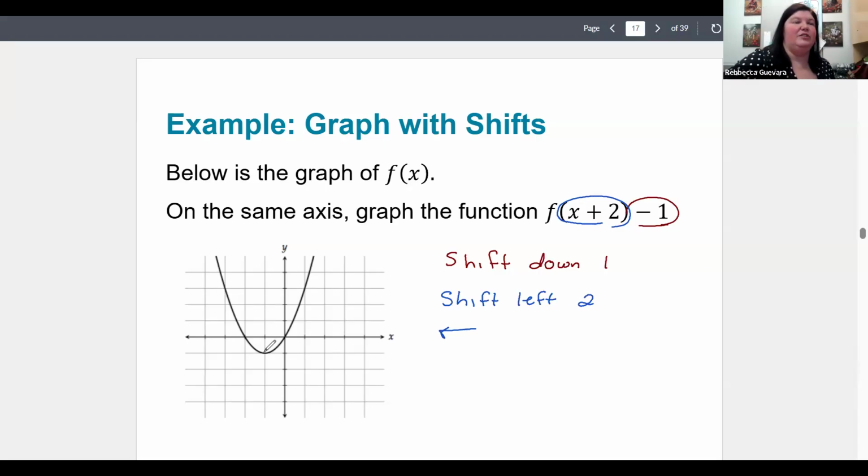You pick bright red here. So this point here would shift down 1, and then it's going to shift left 2. So it's going to go here now. This point right here, shift down 1, over 2. This point right here, shift down 1, over 2. Let me get my little extra points out of the way. So we just need a couple points to get the basics of what the graph's going to look like.